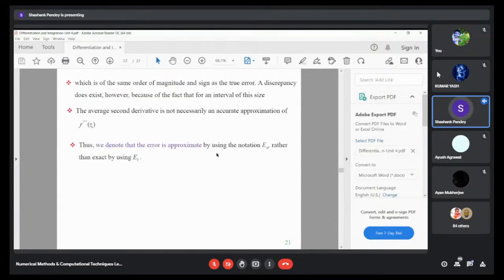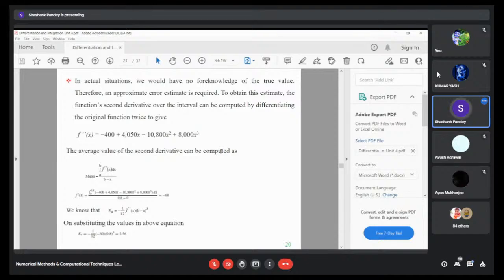This is of the same order and magnitude as the true error. A discrepancy does exist, however, because of the factor of an interval of this size. The average second derivative is not necessarily an accurate approximation of f double prime of epsilon. So you can see there is a certain deviation from the error calculated using this approach, which comes out to be 2.56, and you simply subtract it from the error.